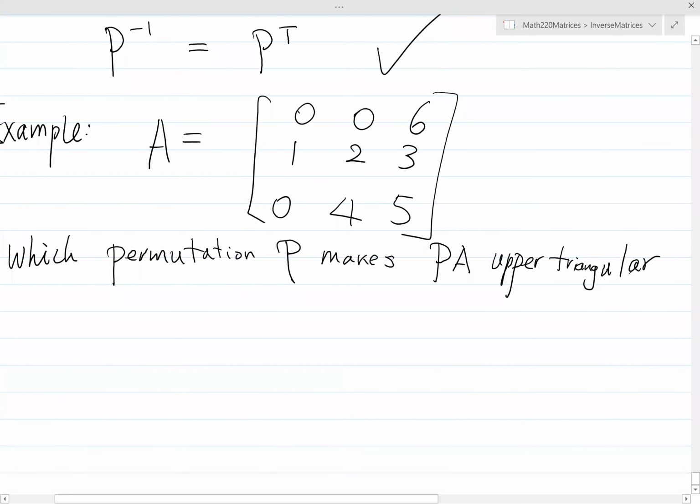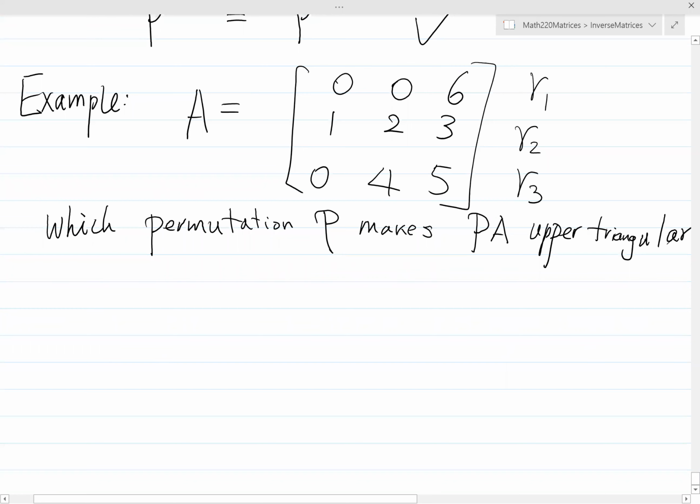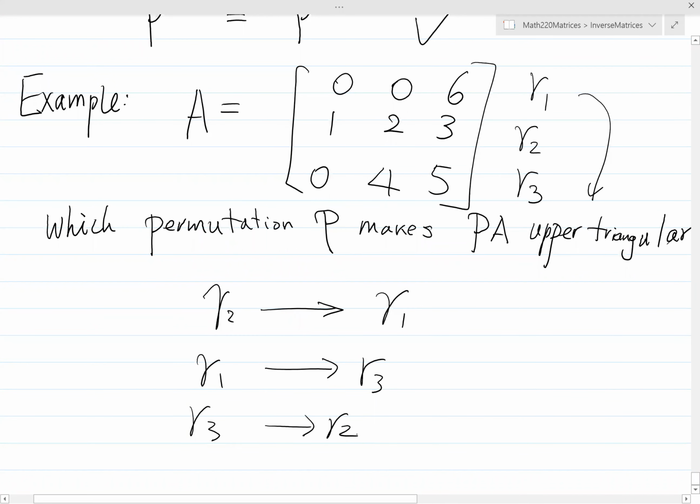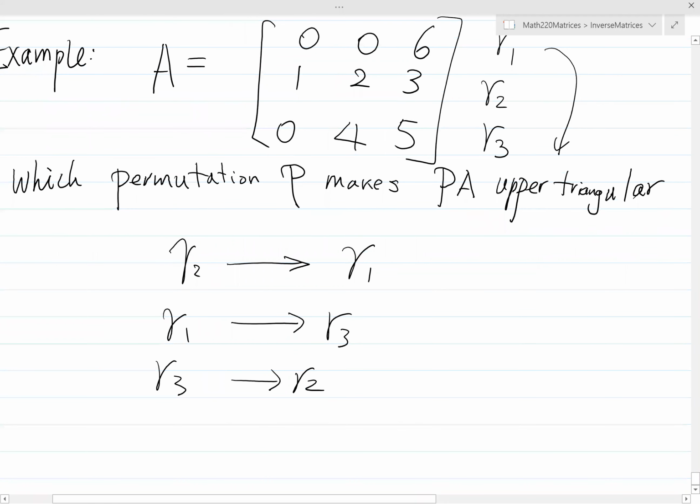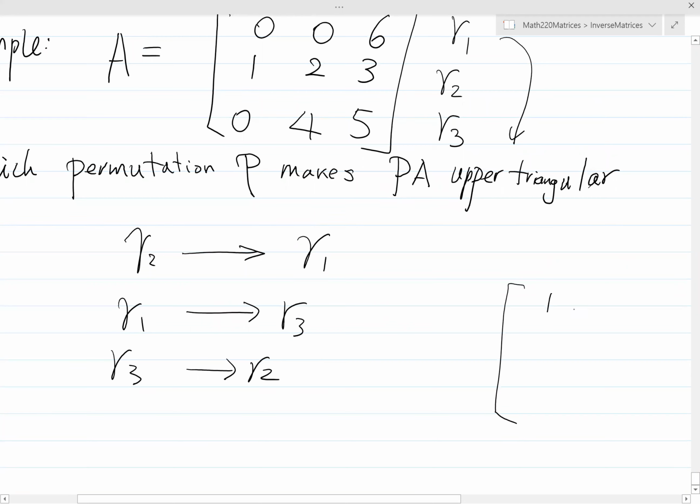Now you see, how do we make A upper triangular? Well, this is row 1, this is row 2, row 3. Now row 2 is 1, 2, 3, it has every element non-zero. So what we do is, we put row 1 as row 2, we put row 2 to be row 1, and then we put row 1 as row 3, and then row 3 to be row 2. If we do this operation, switching these rows, then what we get is now 1, 2, 3.